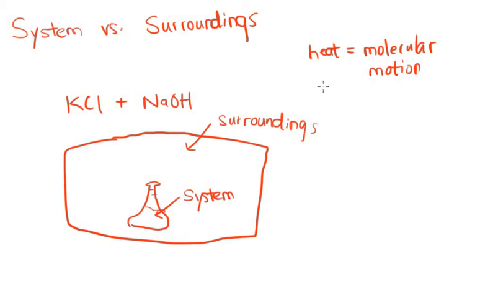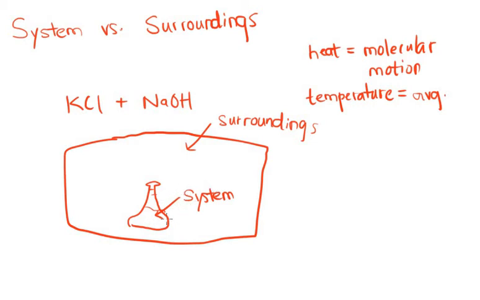Heat is the total molecular motion of certain molecules in a reaction or something. Temperature is the average. I mean, they're very similar, but they're also different. So don't get confused by them.